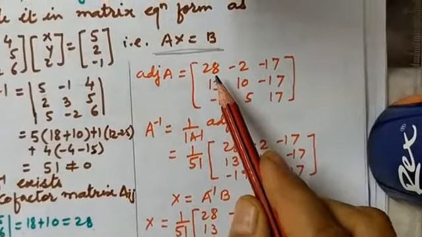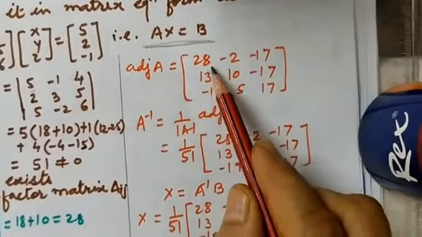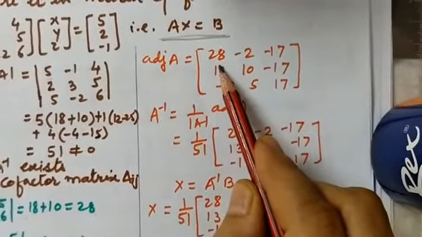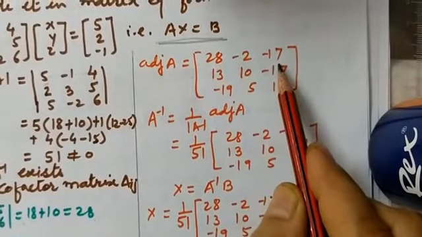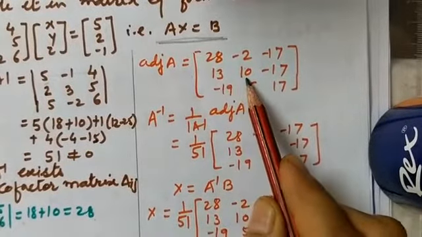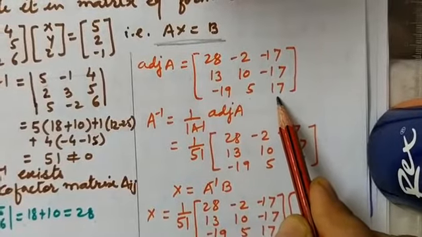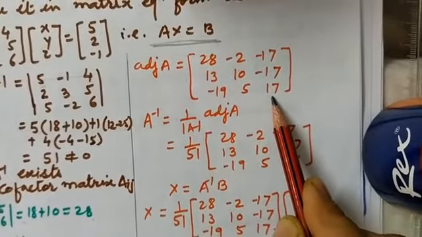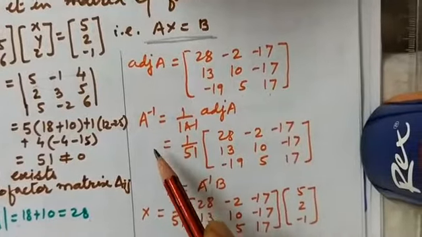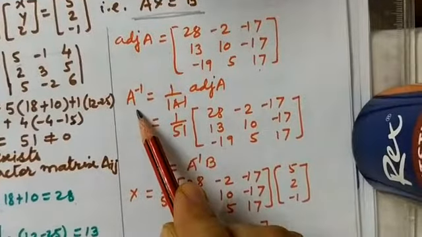Take the transpose of that cofactor matrix and the elements you will get as minus 28, minus 2, minus 17, 13, 10, minus 17, minus 19, 5 and 17. So after taking the transpose of this matrix, come up to the next step, that is A inverse.